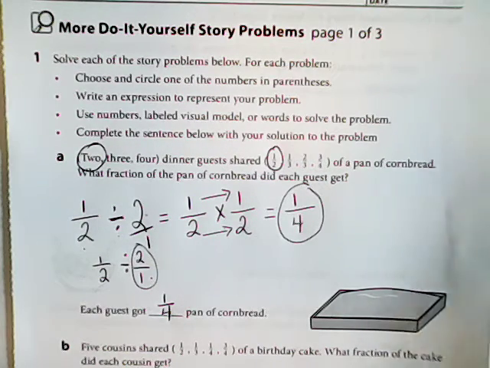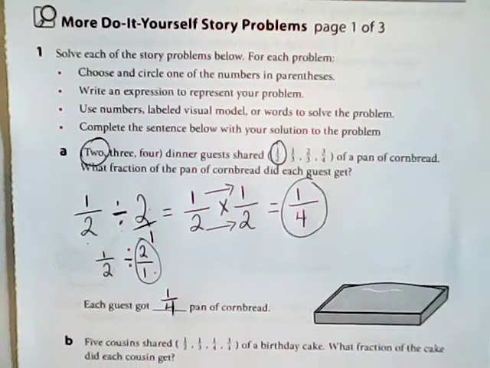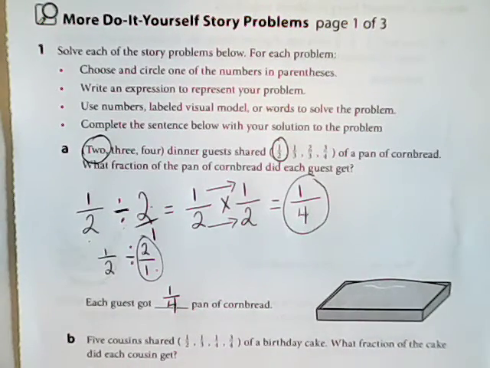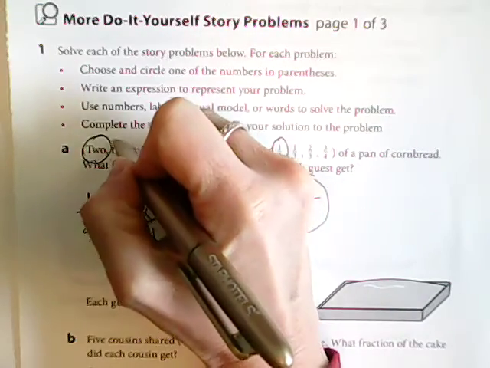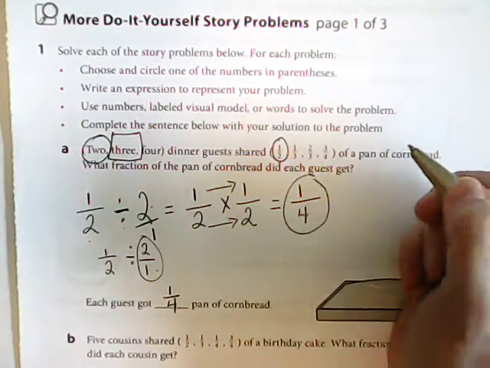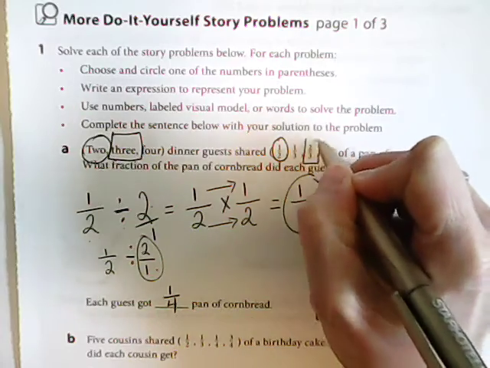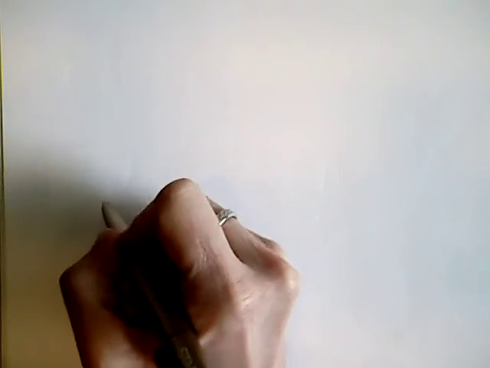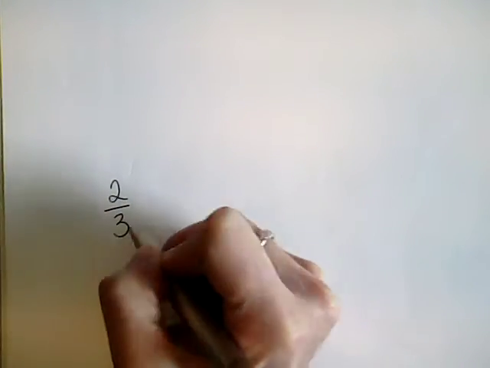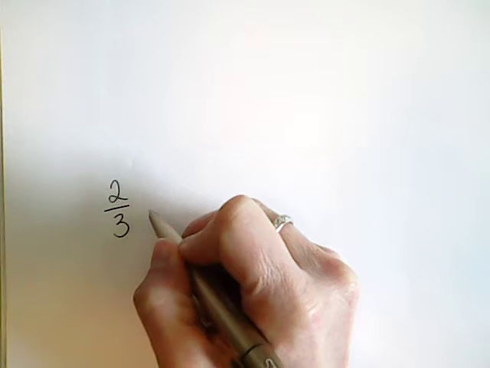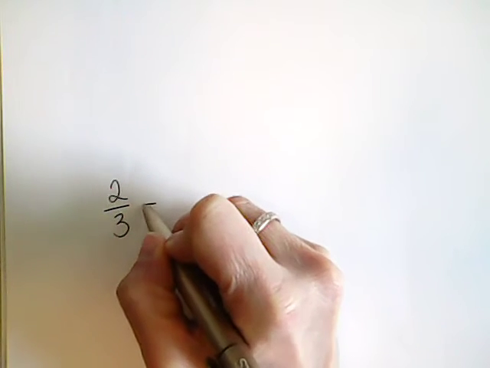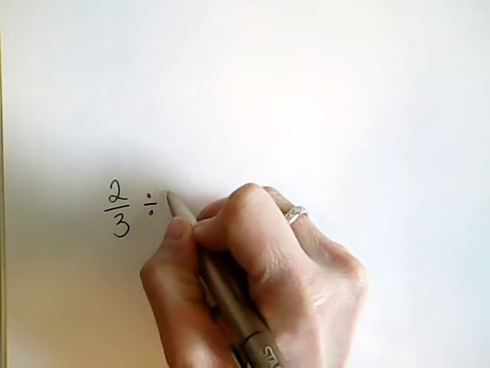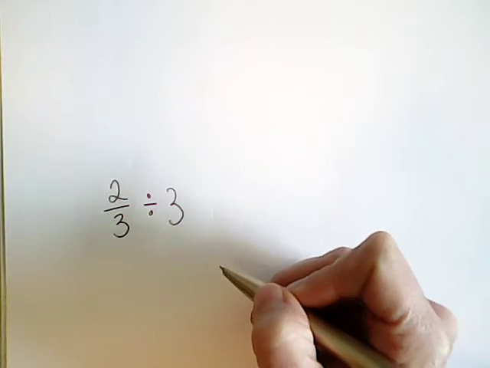So now I'm going to try a different combination of that, and I'm going to do it on a different piece of paper. So I'm going to use 3, and we'll do 2/3. So again, you have to think about it as if it's 2/3 of a pan of cornbread that is going to be divided by 3 dinner guests.